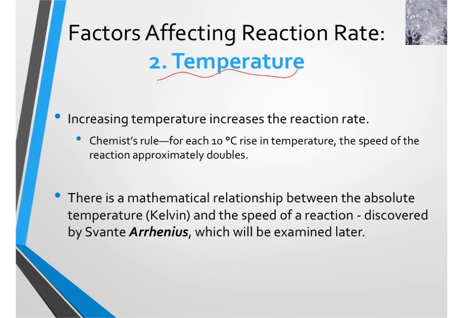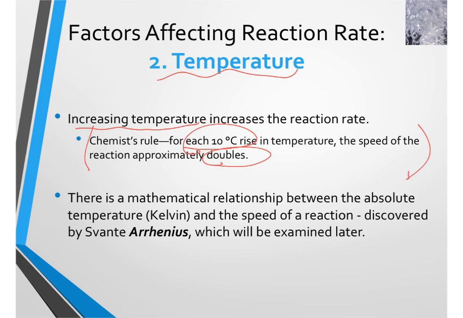Another factor that's important in the rate of a reaction is the temperature. And as you would expect, increasing temperature increases reaction rate. This is pretty reliable: there's a rule of thumb that for each 10-degree rise in temperature, the rate of the reaction about doubles. That's a good piece of information to tuck in your pocket.